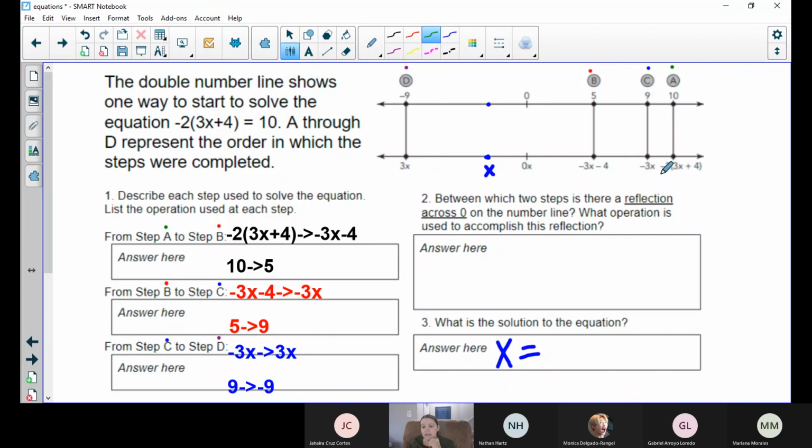So the first thing that they did is they put the 10 and the -2 times 3x plus 4 on the number line, and that was step A. Step B, they went to -3x minus 4 equals 5. So what operation did they do? They add, subtract, multiply, divide, and by what?